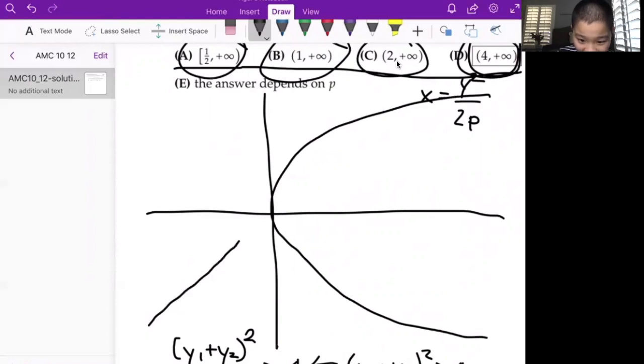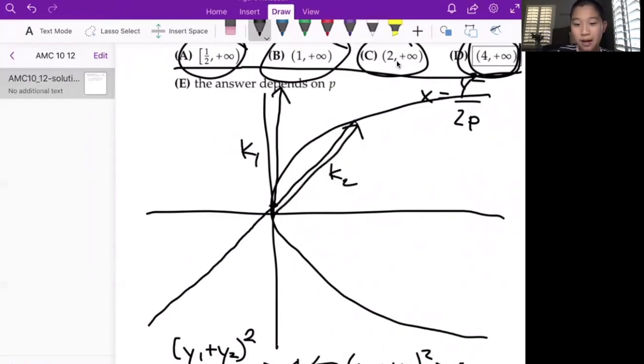So what if the line intersects at somewhere super low, like this? Then the slope would be super big. And that's k1. And then this k2 would still be a positive integer. So k1 plus k2 is gonna be super big.